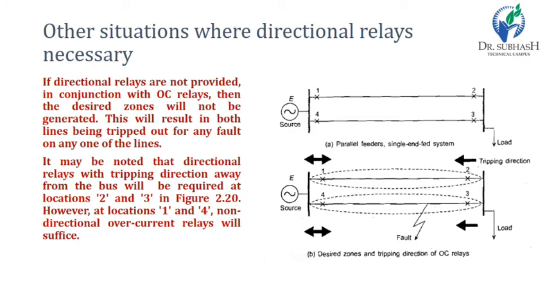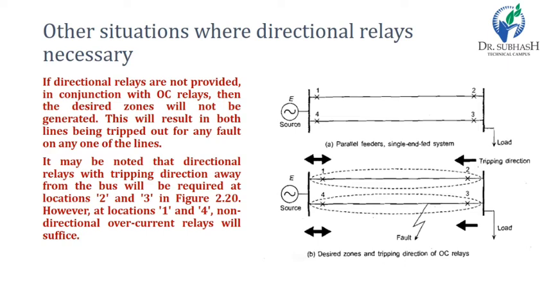Another situation where the directional relay is necessary: we have taken parallel feeders where a single source is connected and the load is connected at the other end. Power flows from 1 to 2 and from 4 to 3 and to the load.